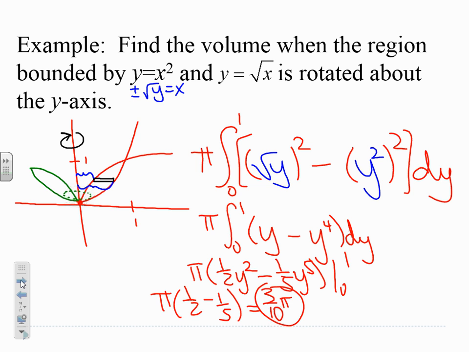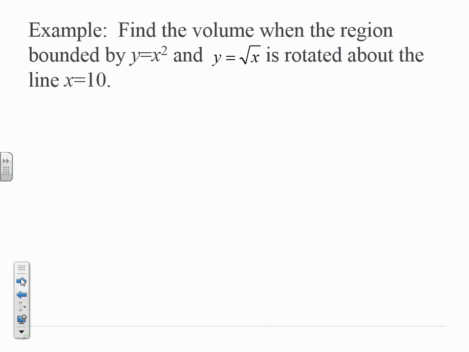Okay. What haven't we done? Over a line that isn't the y-axis. Over y equals x. We're not gonna do that. You're safe. Okay. Let's take this same region and rotate it about x equals 10.